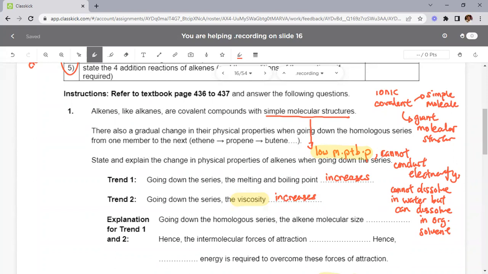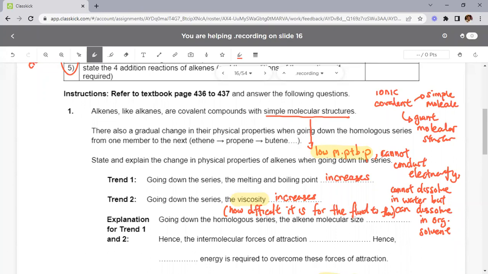When we talk about viscosity, we talk about how difficult it is for the fluid to flow.